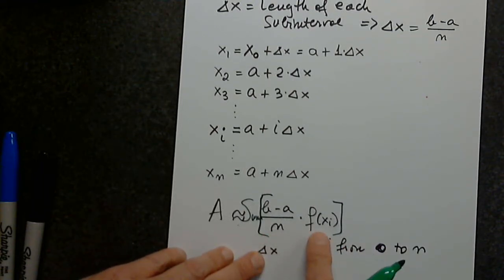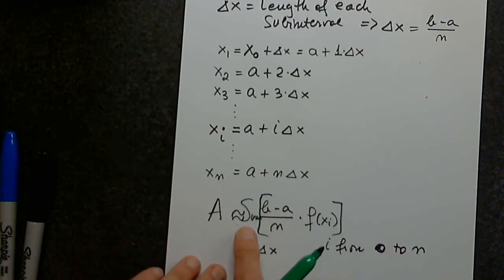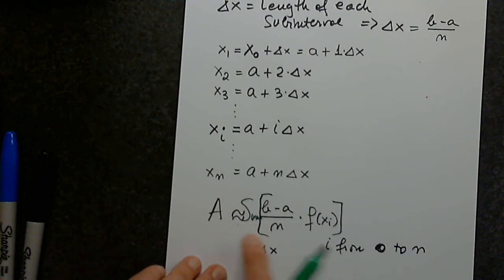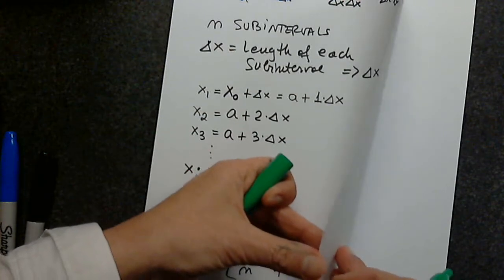Base times height when i is 1, plus base times height when i is 2, plus base times height, and so on and so forth, right? We do not write SUM. We do write a Greek letter, however.